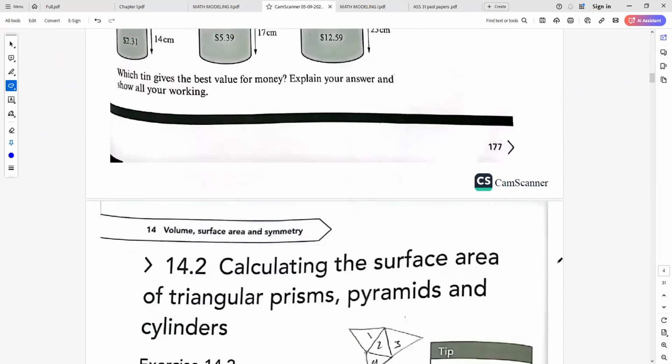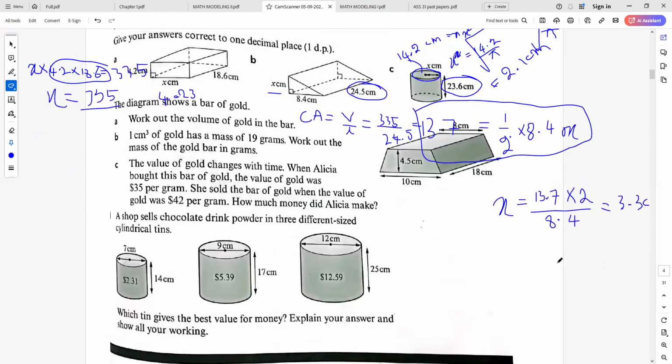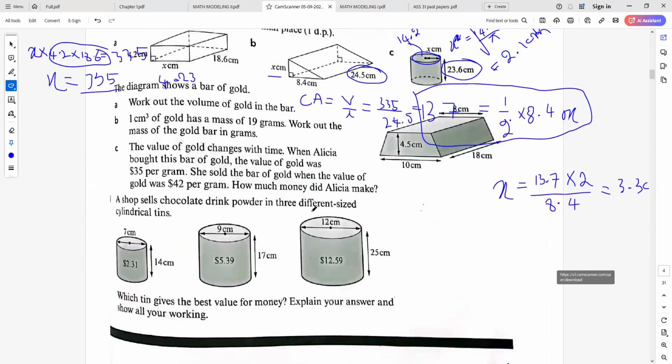Right. Now, what do we get? The diagram shows a bar of gold. Work out the volume of the gold in the bar. Let me erase all these annotations, then I might secure some space to write the answer to this question.